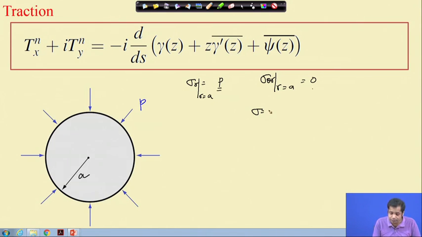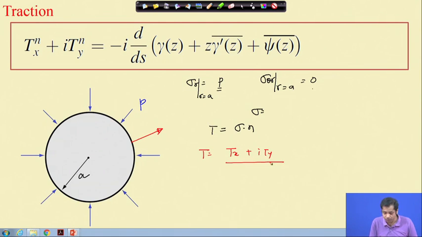Now, similarly, if you substitute that on any plane, you can calculate the traction T equal to sigma dot n, where n would be any outward normal vector here. If we substitute this, your final traction will be Tx plus i into Ty. Okay.